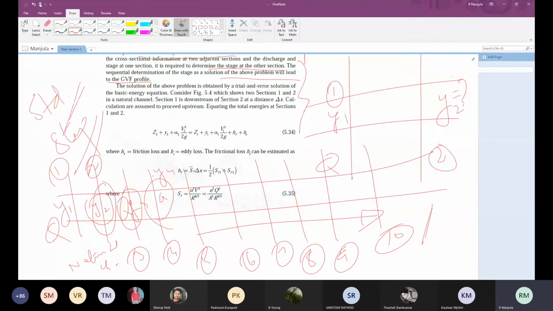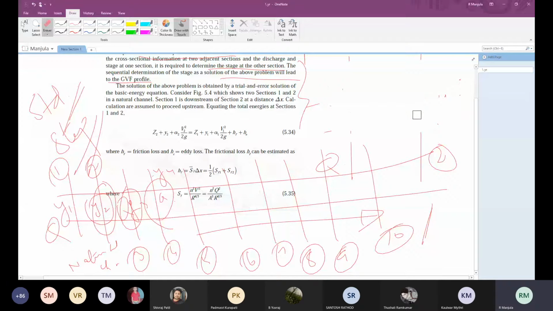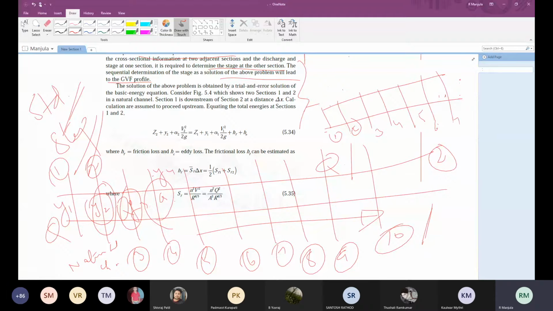So what was the difference between the standard step and the earlier method? Earlier, you know the depths, and you divide the entire depth into some intervals. Suppose I have section 1, 2, 3, 4, 5, 6, 7.